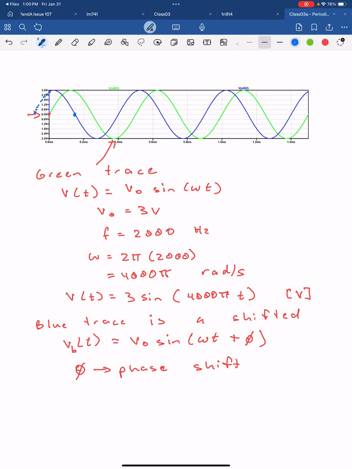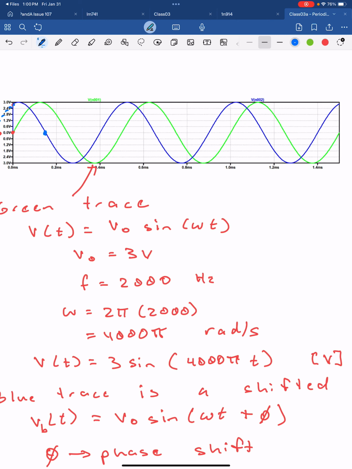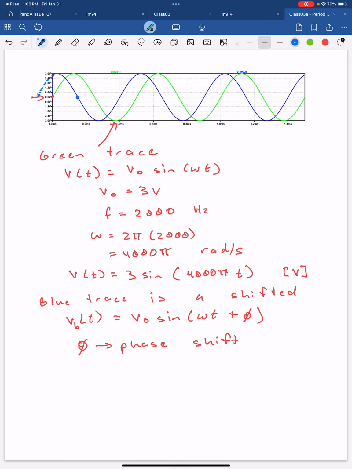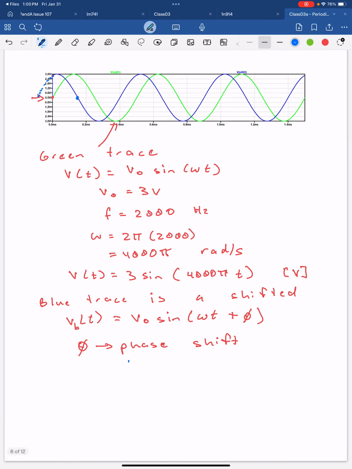So that's been shifted in time, and so that's a phase shift. Phase shift typically has units in radians, though sometimes you can do it in degrees. You have to be careful, though.